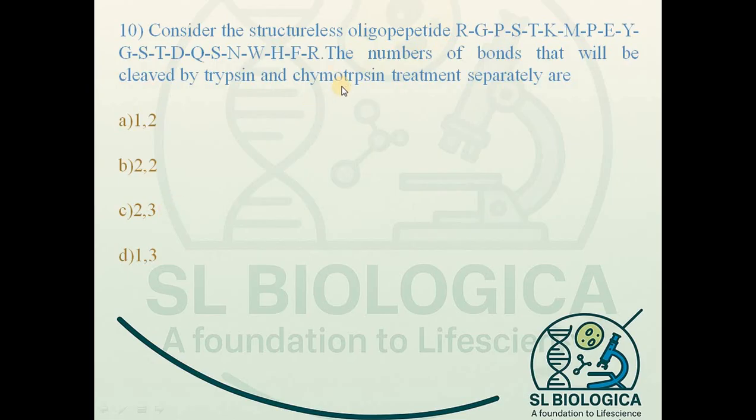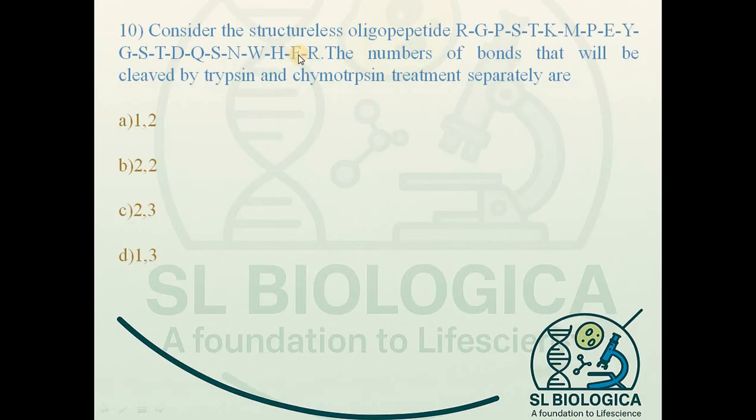The next enzyme, chymotrypsin, will cleave at the C-terminal end of aromatic amino acids, that is W, Y, F: tryptophan, tyrosine, phenylalanine. Again, it should not cleave at the first and last end of the oligopeptide, and it will not cleave if the amino acid is surrounded by proline.